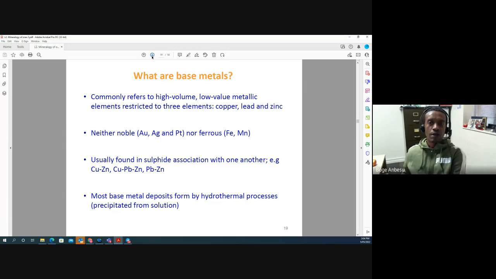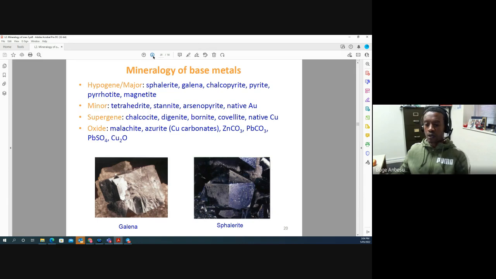And when you take a closer look at these deposits, they are actually precipitated or formed from hydrothermal processes. And that actually gives rise to very specific mineralogy, which needs to be taken into consideration during processing. So I'll talk about those occurrences a little bit later on.